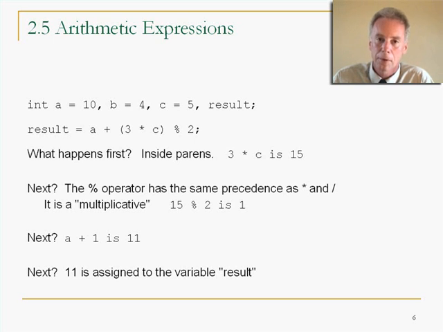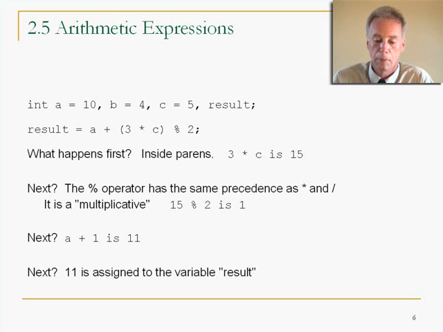What happens first? It works the same as in algebra. 3 times c happens first. What's in c? 5. So 3 times c is 15. Then what happens next? Well, the modulus operator is multiplicative, so it's going to happen before the addition.